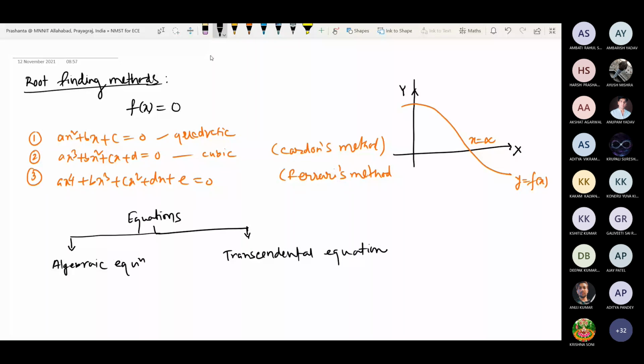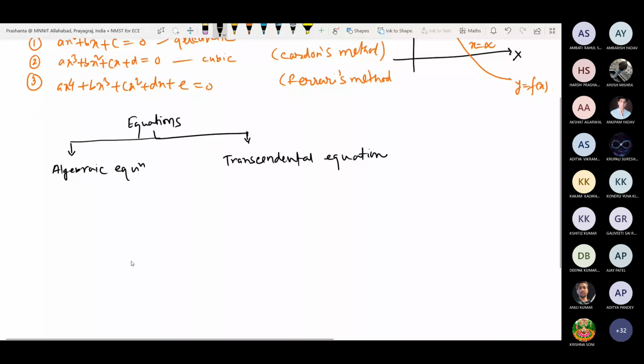Polynomial equations are called algebraic equations. If only polynomials are involved in the equation, then it is called an algebraic equation. Whenever any other kind of term is involved, for example a trigonometric, exponential or logarithmic term, then that equation is called a transcendental equation.